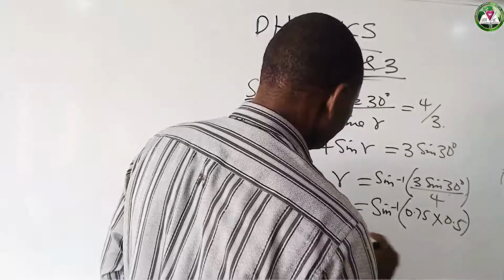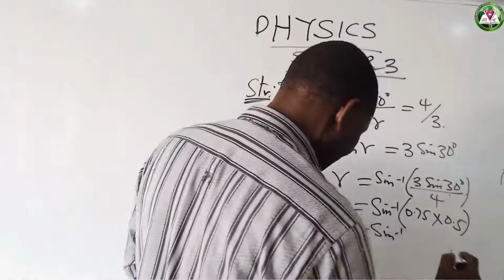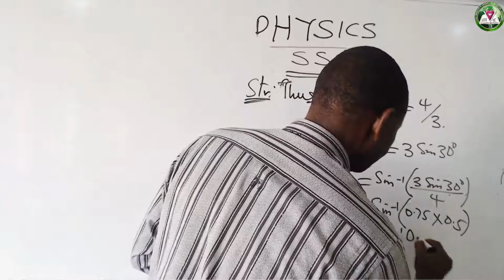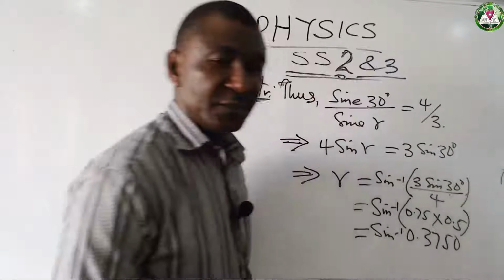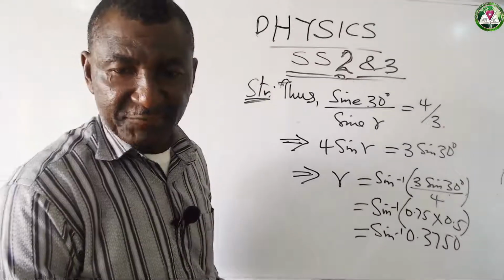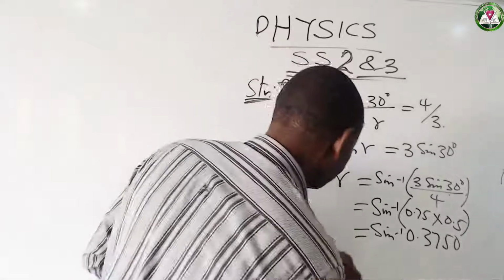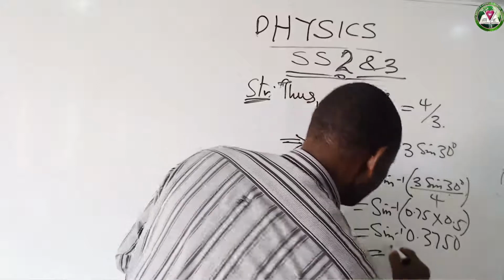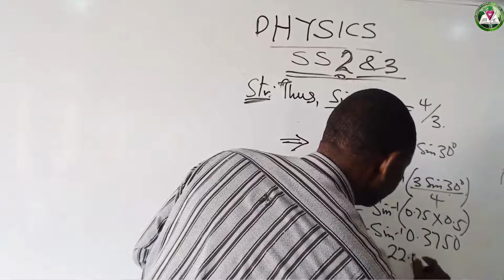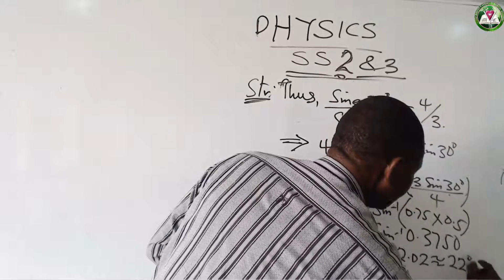So when you work it out, this should give you sine inverse of 0.375. When you take your sine inverse, your angle of refraction will give you 22.02, which is approximately 22 degrees.